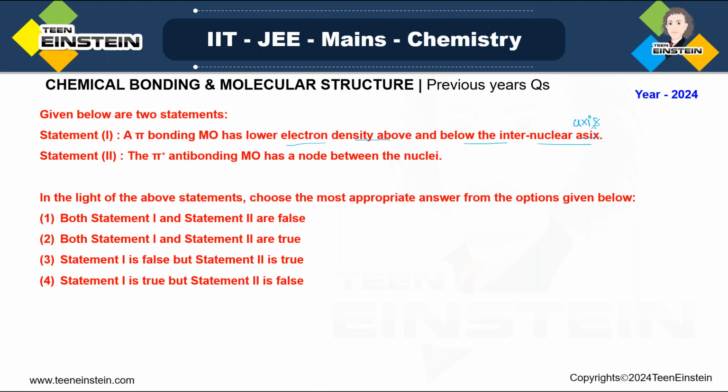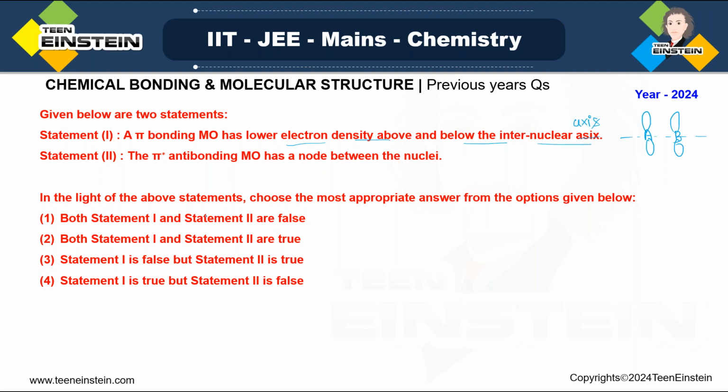Internuclear axis means when we have a pi bond between two atoms, suppose between atom A and atom B. So these are the pi orbitals, right? This will be the internuclear axis, and it is saying that there is low electron density above this axis and below this axis. So is it true or not, that we have to find.